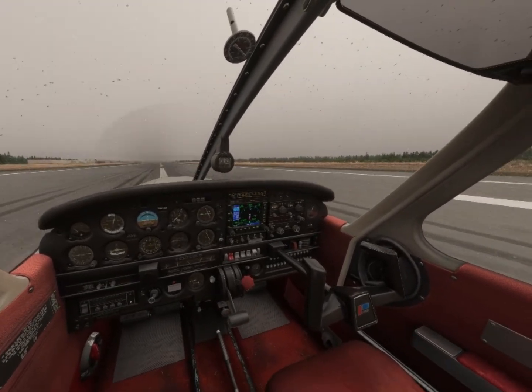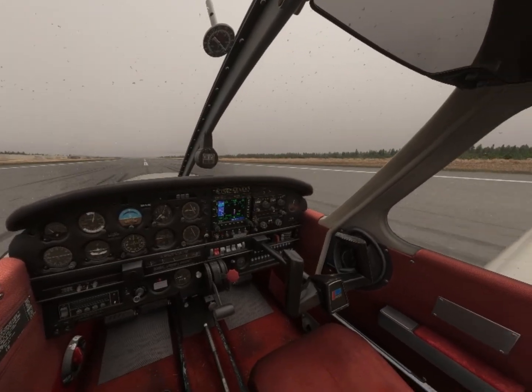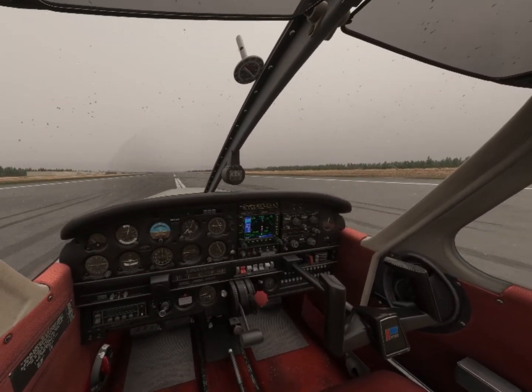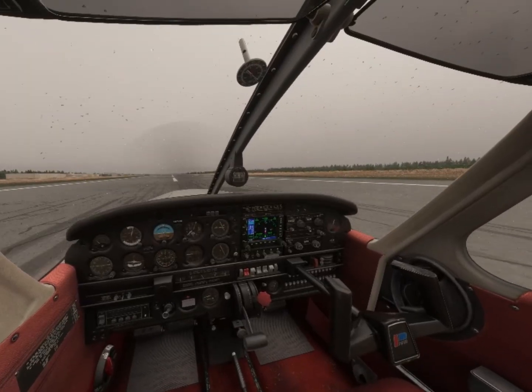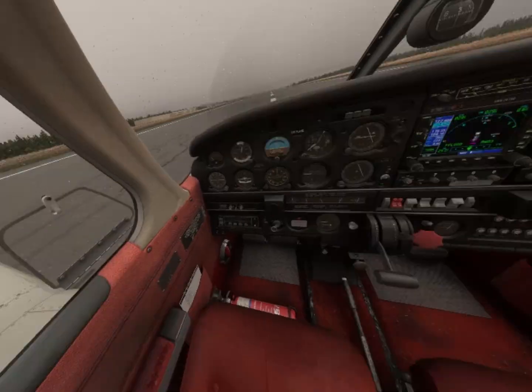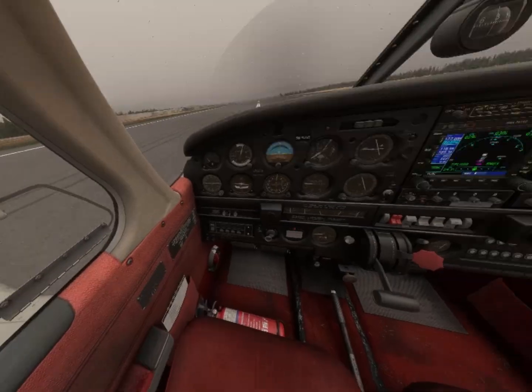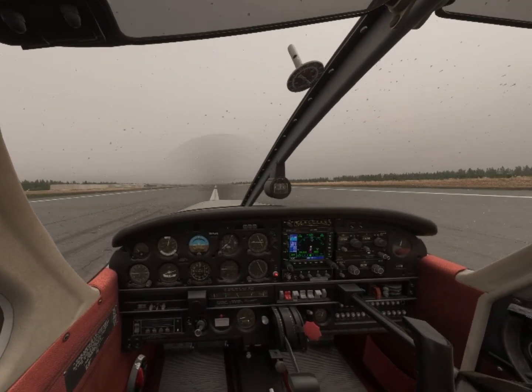Fuel pump off. Exit on Alpha 3 next left.